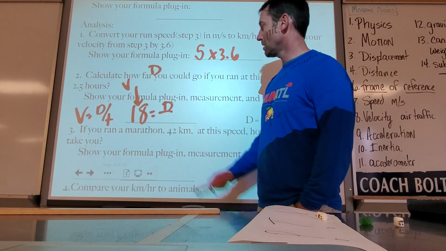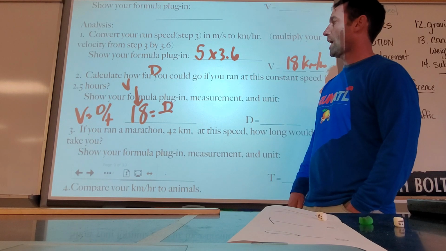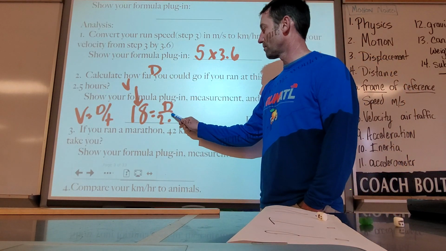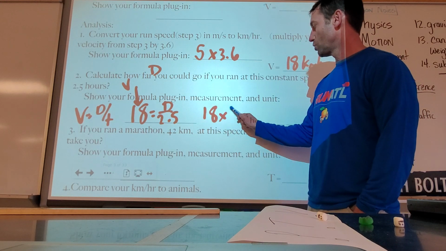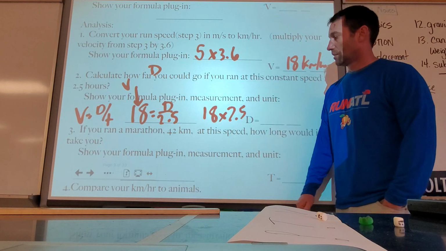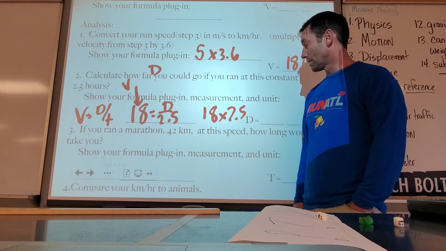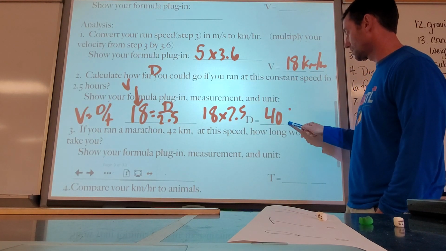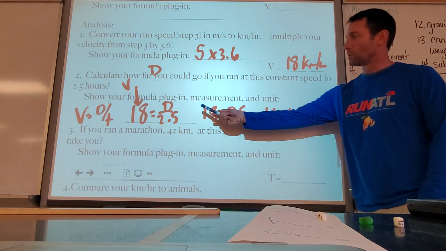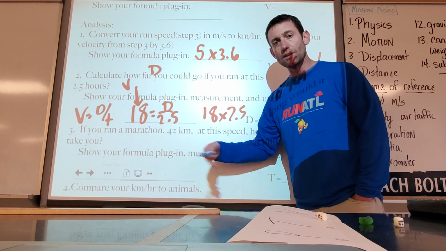Write the letter D, and now solve. How far could I go in 2.5 hours? I'm going to multiply. 18 times 2.5. I don't have a calculator right now, so I'm just going to estimate and say 40 kilometers. If you have kilometers per hour, your distance then is in kilometers.